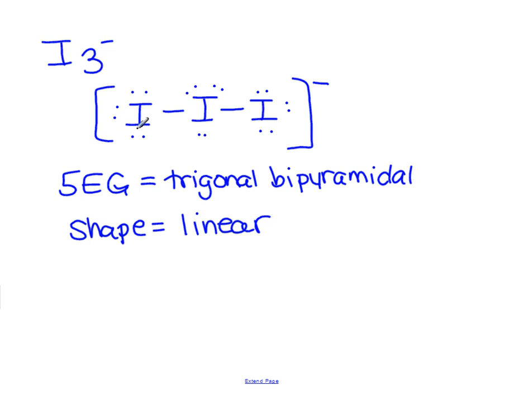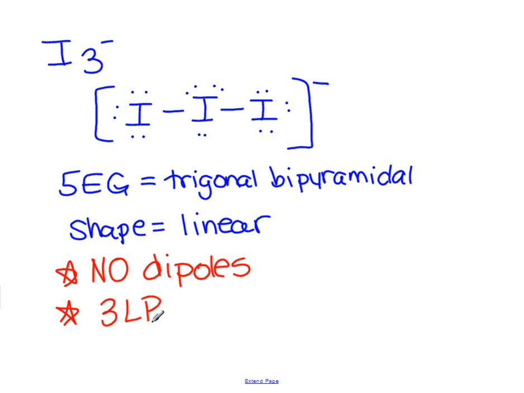So, since all 3 of these atoms are the same, they all have the same electronegativity value. Are there any dipoles here? No. No dipoles. So between iodines, there are no dipoles, so they cancel out. Then we've got 3 lone pairs around the center. The 3 lone pairs, though, remember, they are arranged in a trigonal planar configuration.